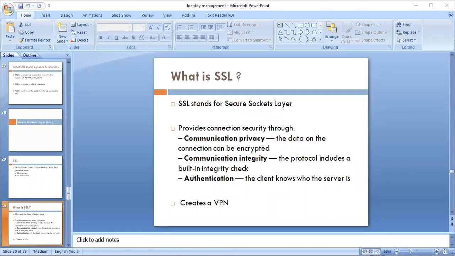This is one mechanism provided by SSL, and apart from this, it also provides communication integrity. The protocol includes a built-in integrity check that the data is intact, and it also provides authentication so that the client knows who the server is. That means we are dealing with genuine users, genuine clients.